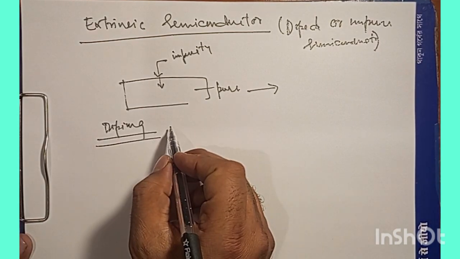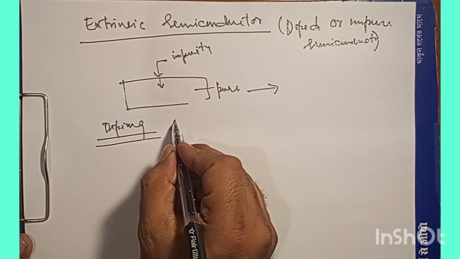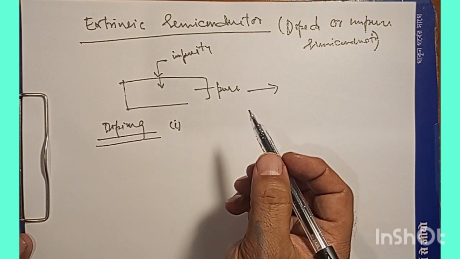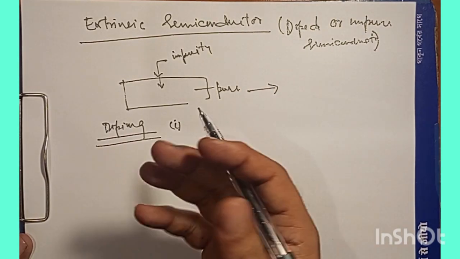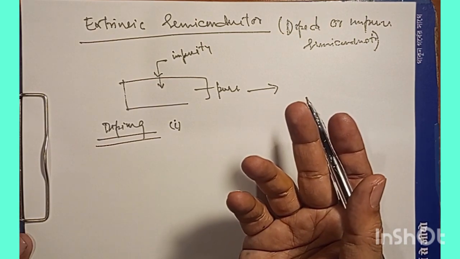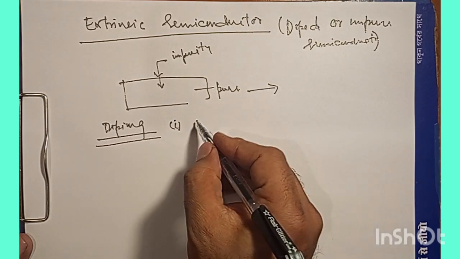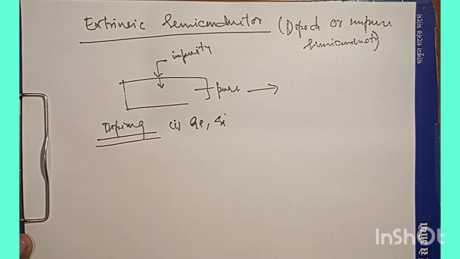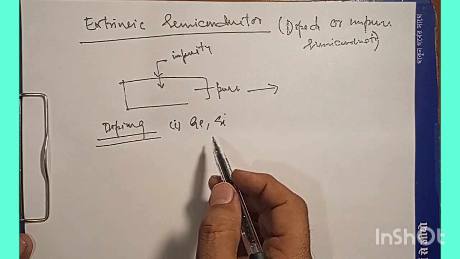To talk about it in a trivial sense, we can add a very small quantity of impurity atoms and diffuse them into a high purity molten material such as germanium or silicon. When we diffuse them into the crystal lattice, this causes the change in the conductivity of these materials.